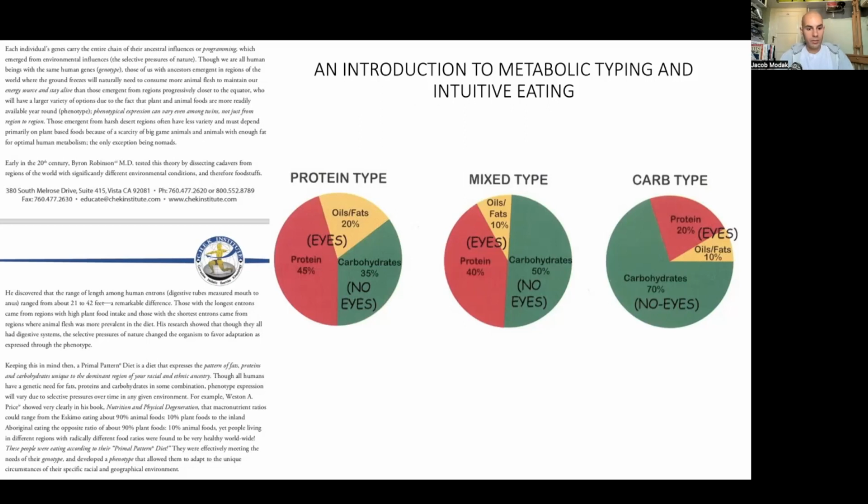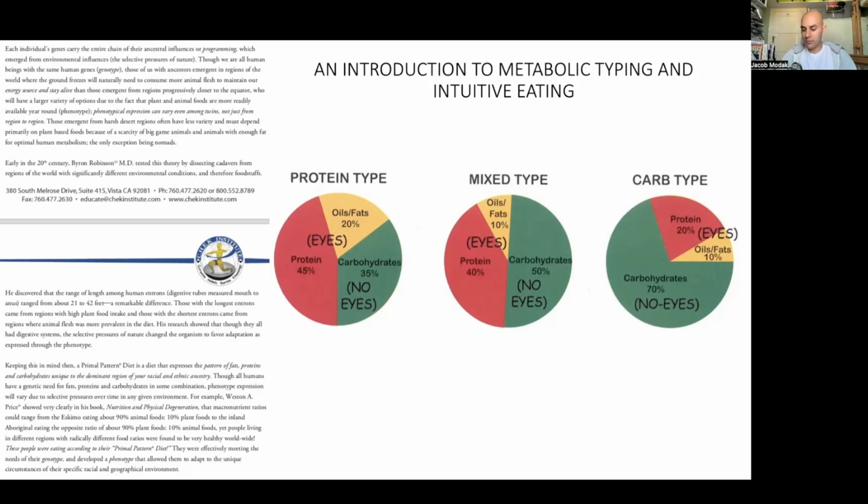For example, Weston A. Price showed very clearly in his book Nutrition and Physical Degeneration that macronutrient ratios could range from the Eskimo eating about 90% animal foods, 10% plant foods, to the inland Aboriginal eating the opposite ratio of about 90% plant foods, 10% animal foods. Yet people living in different regions with radically different food ratios were found to be very healthy worldwide. These people were eating according to their primal pattern diet. They were effectively meeting the needs of their genotype and developed a phenotype that allowed them to adapt to the unique circumstances of their specific racial and geographical environment.